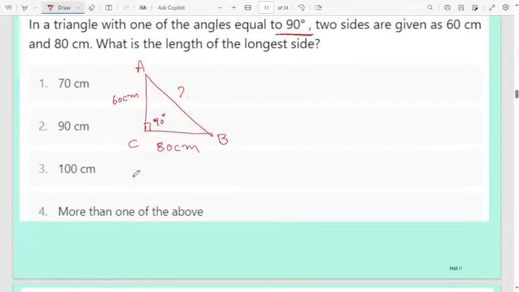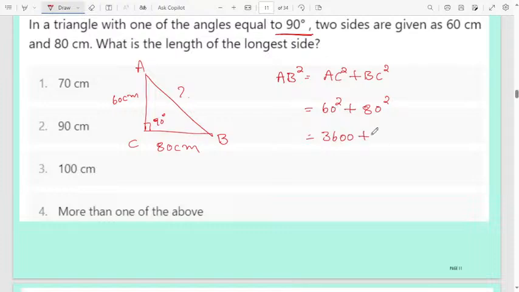Then apply the Pythagoras theorem here. AB square is equal to AC square plus BC square. AC square is 60 square, BC square is 80 square. Six square means 36, then eight square means 64. Add, and you will get 10,000.